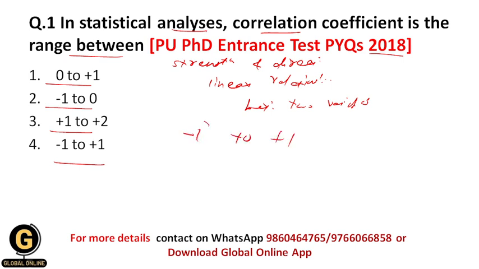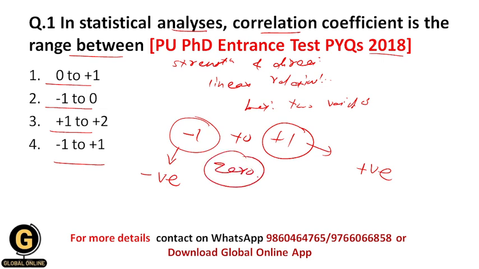Whenever it is minus 1, it means there is a perfect negative correlation between the two variables. When it is plus 1, there is a perfect positive correlation between the two variables, and when it is 0, there is no correlation between the two variables.